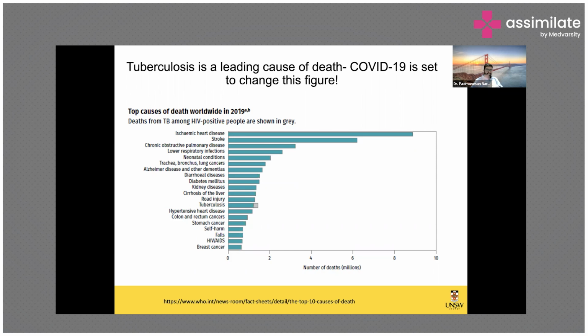And you can see that in this, the top maybe 15 causes of death in the world, if you see tuberculosis, it's ranked 1, 2, 3, 4, 5, 6, 7, 8, 9, 10, 11, 12, 13. So 13th in the rank.